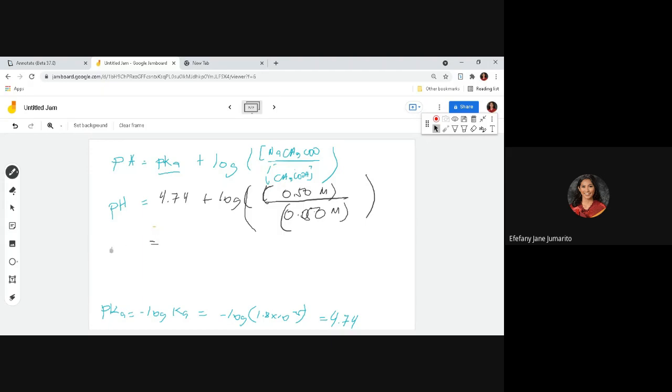So the pH is 4.74 plus log of 0.50 over 0.50, that's 1. Log of 1 is 0. So pH is equal to 4.74. That's the pH of your buffer.